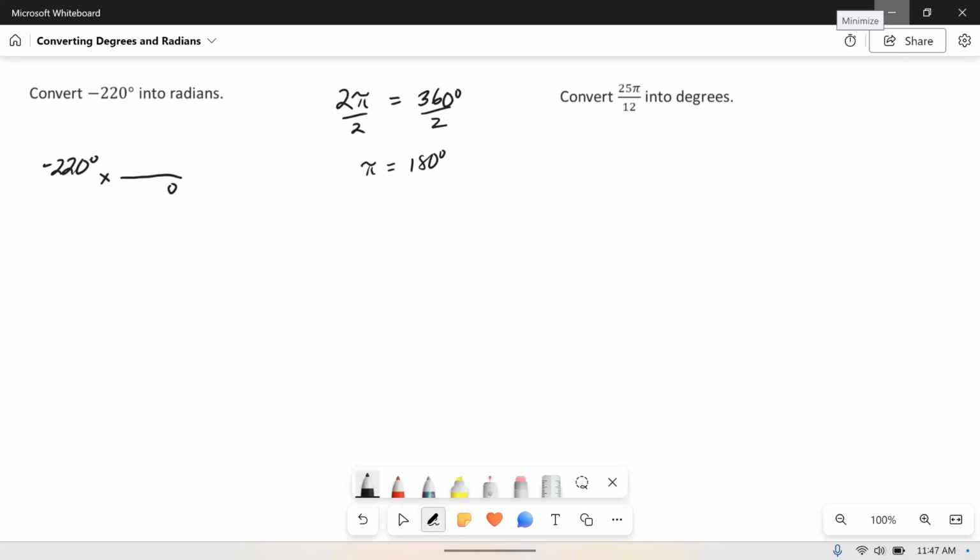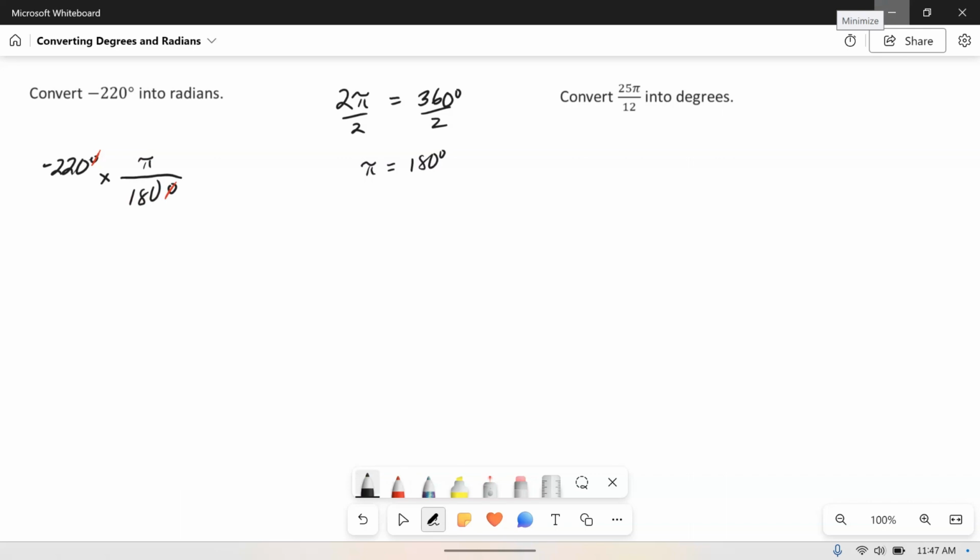So that means we need 180 degrees in the denominator of our ratio, and then the pi has to go into the numerator. So we're going to multiply negative 220 degrees times pi radians over 180 degrees.